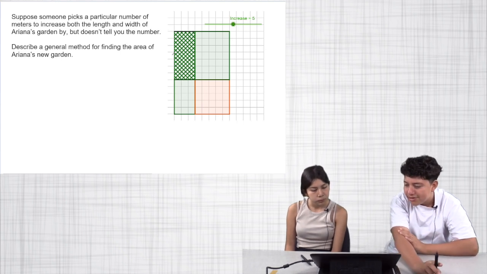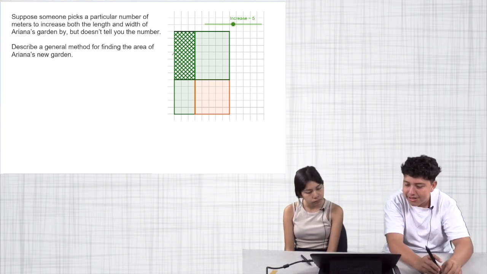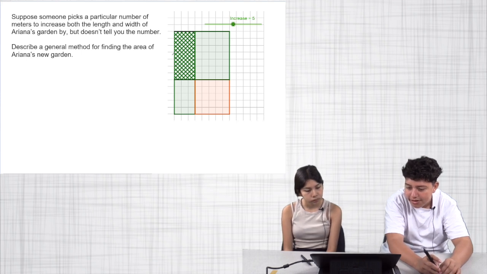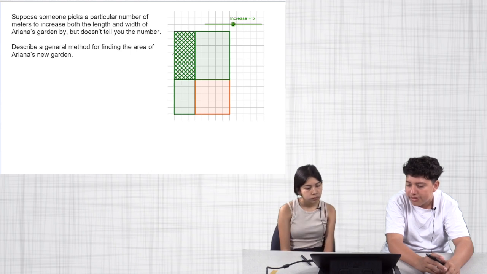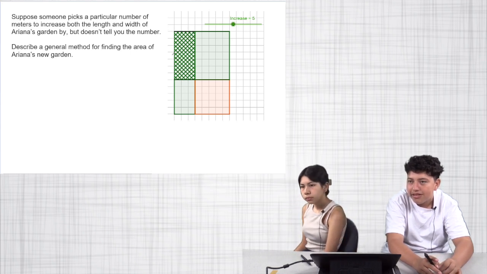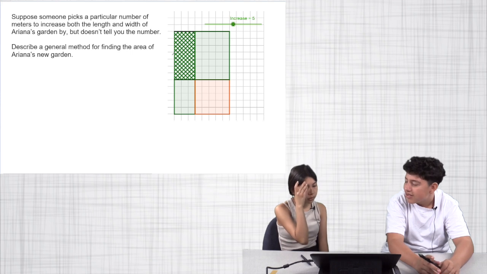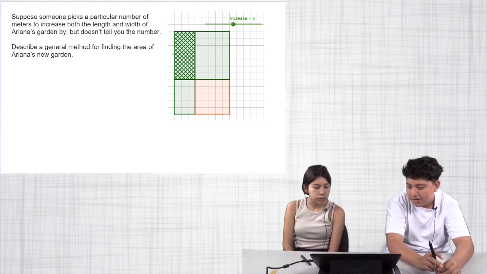Suppose someone picks a particular number of meters to increase both the length and width of Ariana's garden by, but doesn't tell you the number. I've picked something and written it down, but I'm not going to tell you. Describe a general method for finding the area of Ariana's new garden.